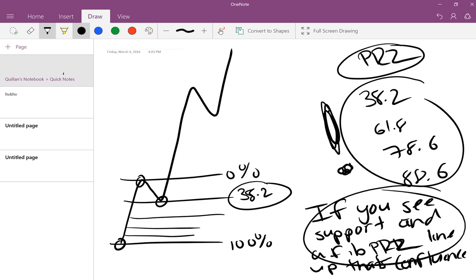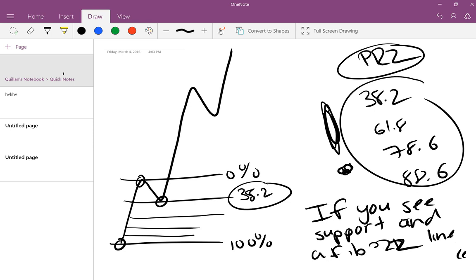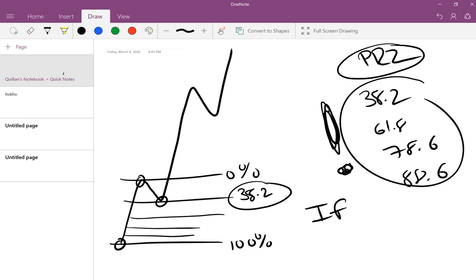Very important. That's confluence. So if you see a support point or resistance area line up with a Fibonacci retracement, that's called confluence. And when you have confluence, that gives you more confirmation as to why the market is going to reverse within that range.